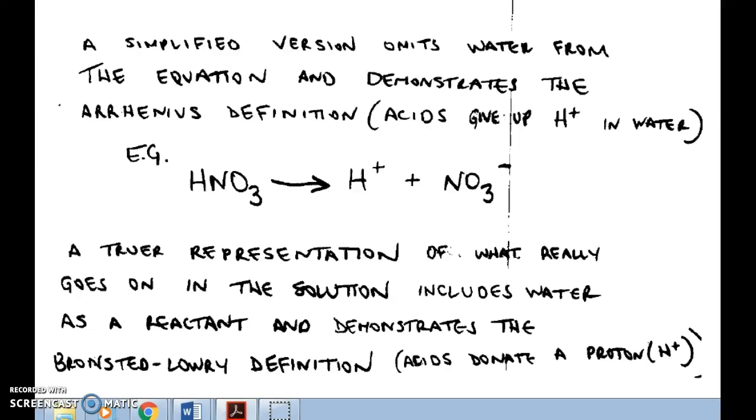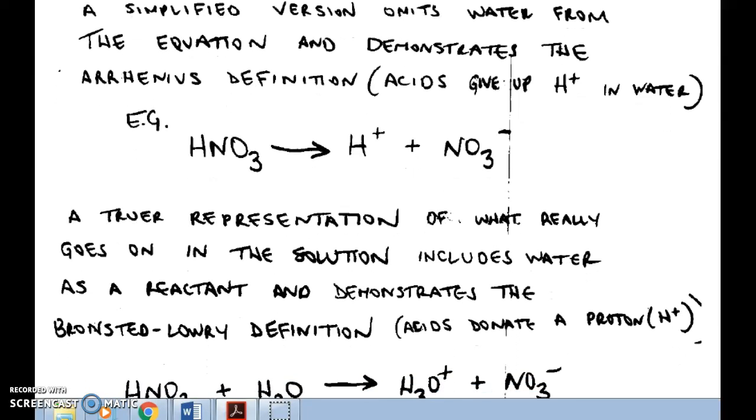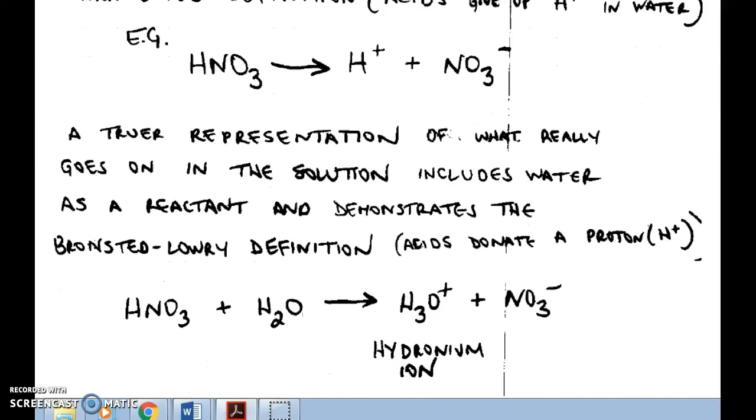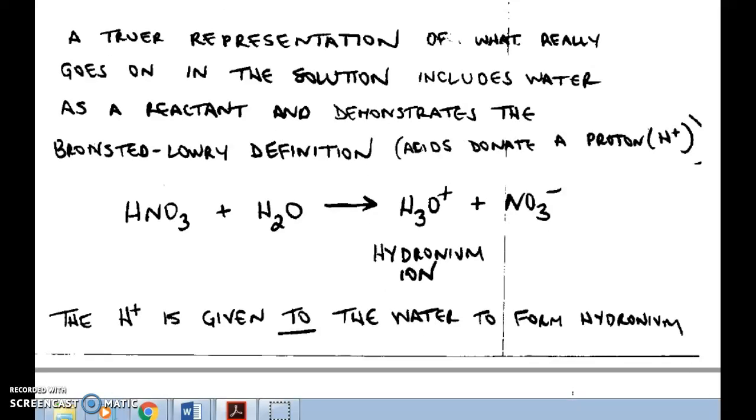A truer representation of what really goes on in the solution shows water as a reactant and demonstrates more what's called the Bronsted-Lowry definition, in that we're talking about acids being proton donors. So a proton is simply an H plus ion, so there's not a whole lot of difference between the Bronsted-Lowry and the Arrhenius definition.